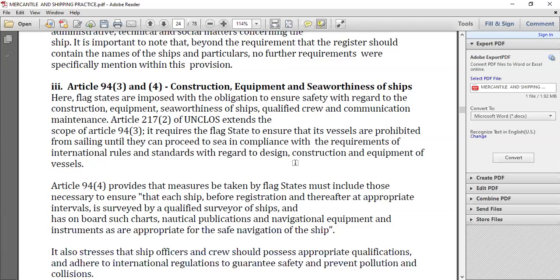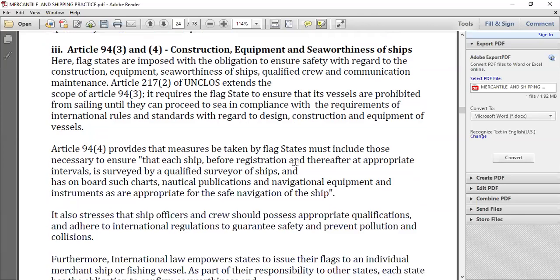Then Article 217.2 of UNCLOS extends the scope of 94.3. It requires the flag state to ensure that its vessels are prohibited from sailing until they can proceed to sea in compliance with the requirements of the international rules and standards with regard to the design, construction, and equipment of that particular vessel.